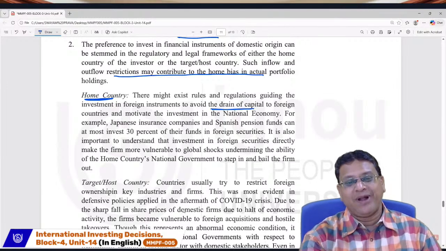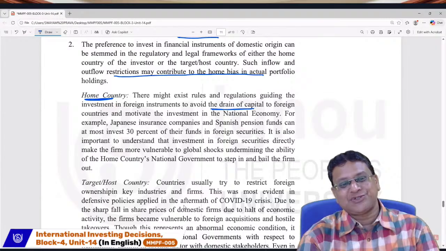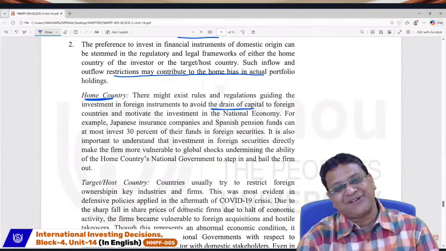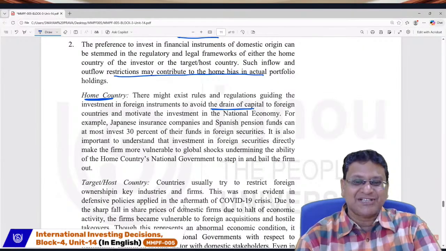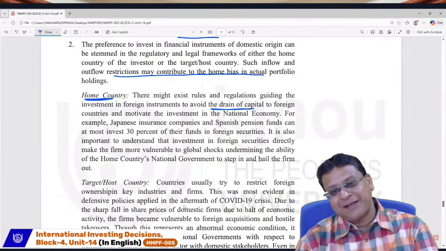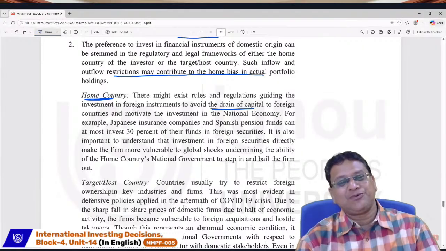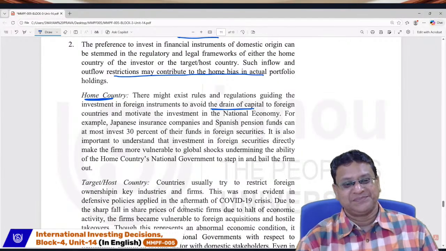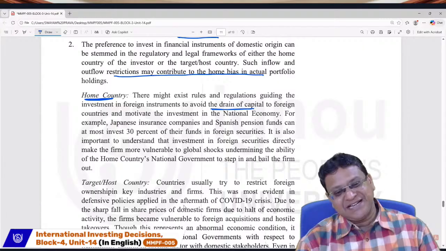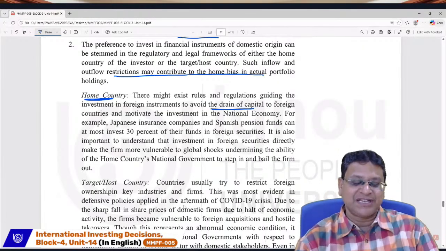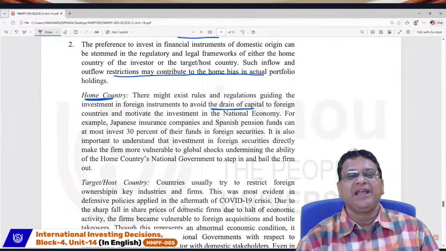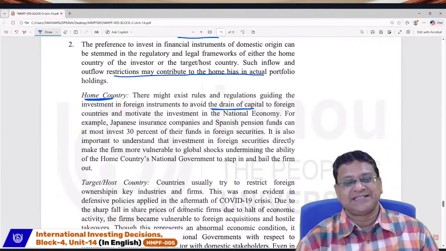Every country's government wants that their country's money should be invested in their country, not in a foreign country. And they put some restrictions on drain of capital from their own country to foreign country. And due to these restrictions, people have a bias towards investment in home country rather than foreign country, that is known as home bias.